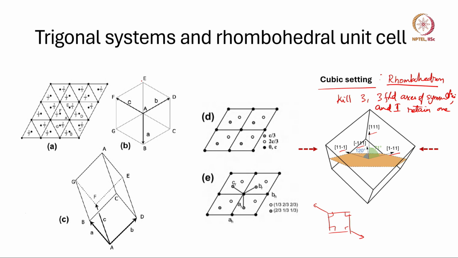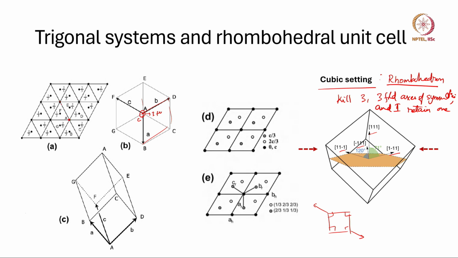So I can define a rhombohedron, right? Let us say this is the C axis, and about the C axis I have the 3-fold axis of symmetry. I can also define a rhombohedral perfectly in terms of a hexagonal unit cell, right? So this is the hexagonal unit cell. However, it turns out that if I have a hexagonal unit cell like this, let me start here.